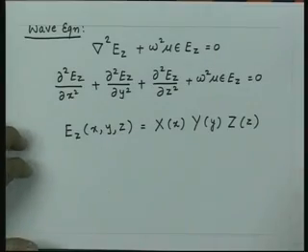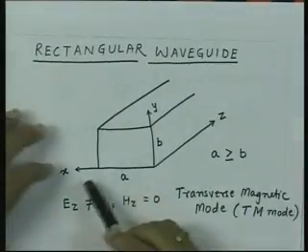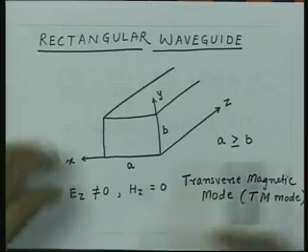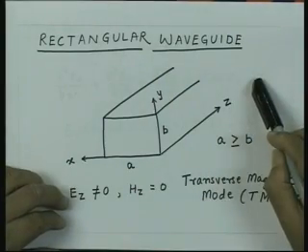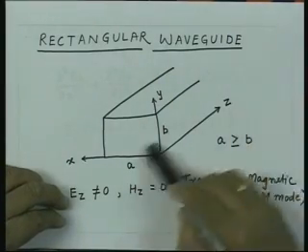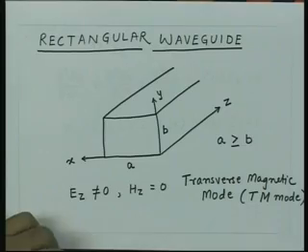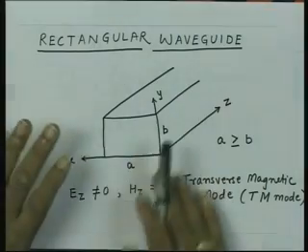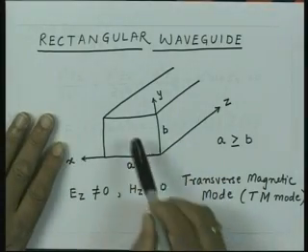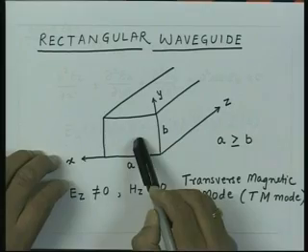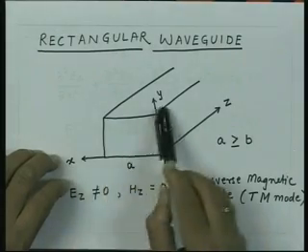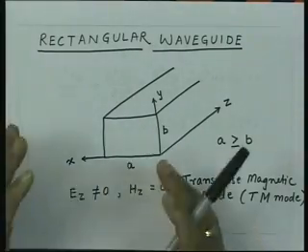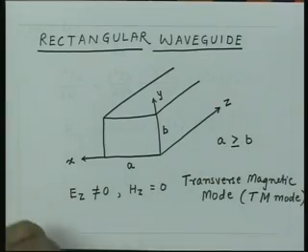Now, if you recall, the wave is propagating in the z direction, that means we are looking for a solution of travelling wave type in the z direction. And since we are considering a medium which is completely lossless, because the dielectric is ideal dielectric, the conducting boundary of this waveguide is again ideal. So, there is no loss anywhere.